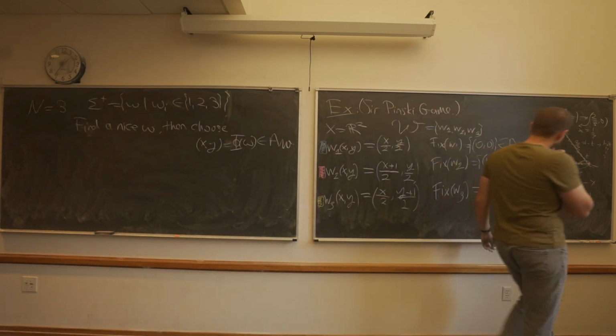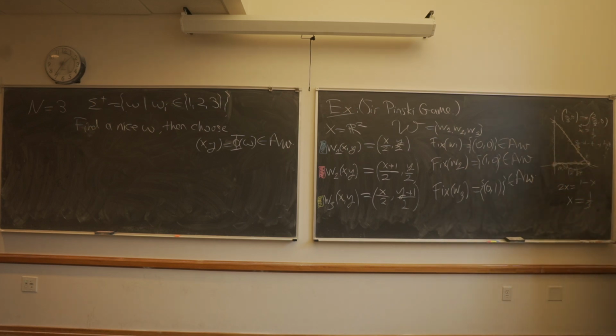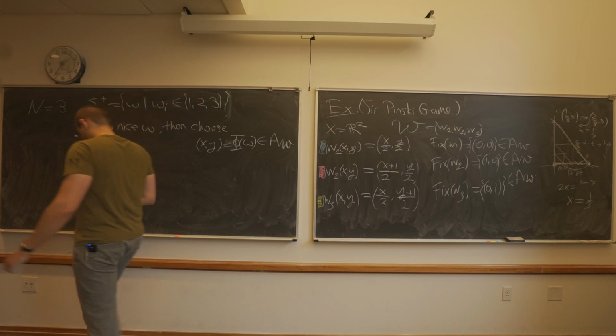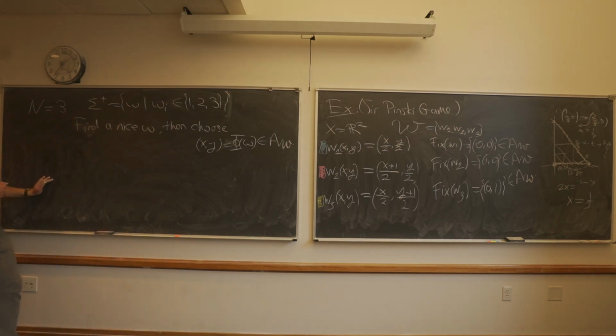Okay, I might mess this up actually. So I want something like this. Maybe I want to choose a point over here, perhaps. I feel like I'm going to mess this up.